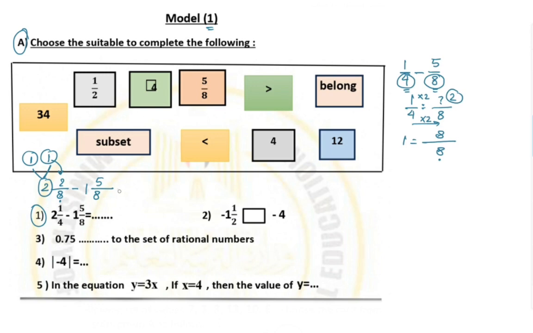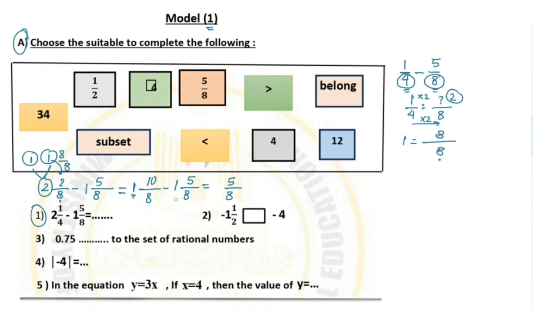Now this question will be: I take 1 from this 2, and the remainder is 1, and 8 over 8 plus 2 over 8, it's 10 over 8 minus 1 and 5 over 8. Now I can subtract 5 from 10. 10 minus 5 will be 5 over 8.